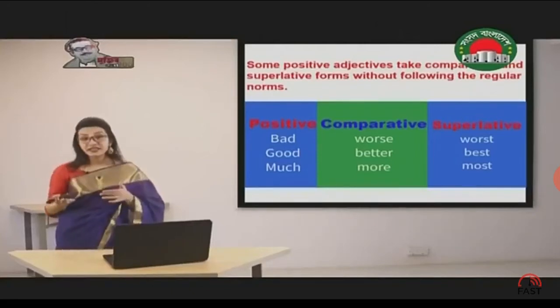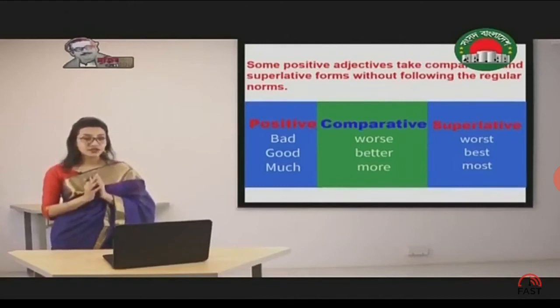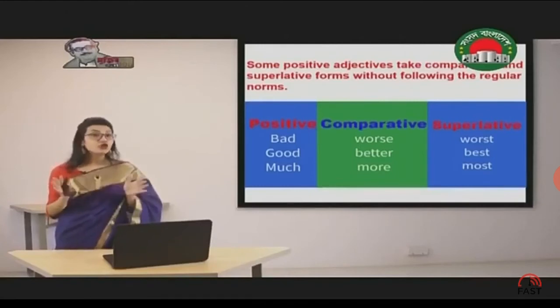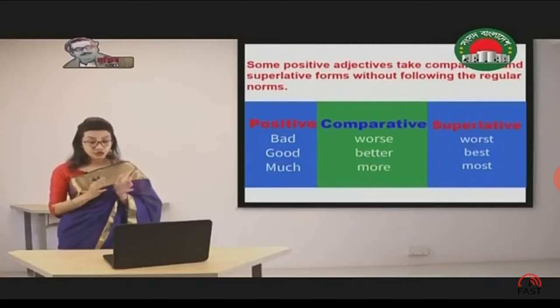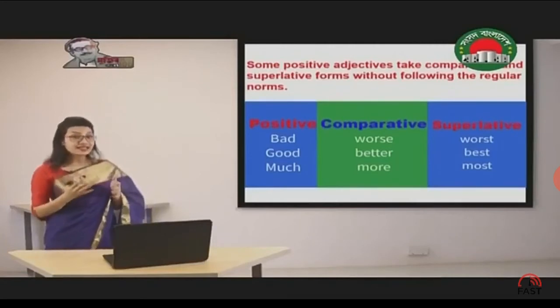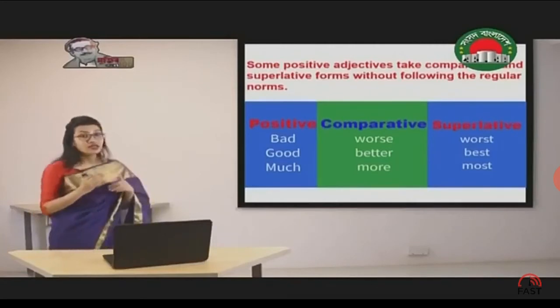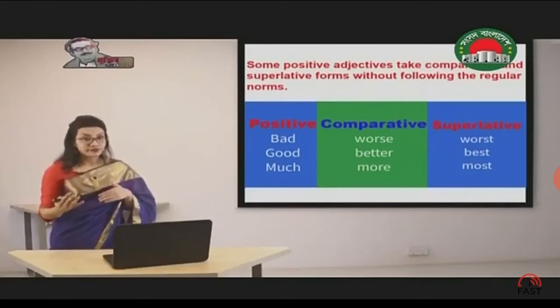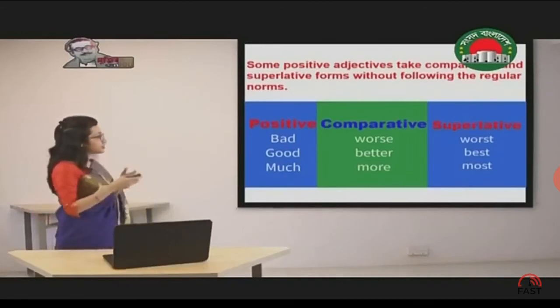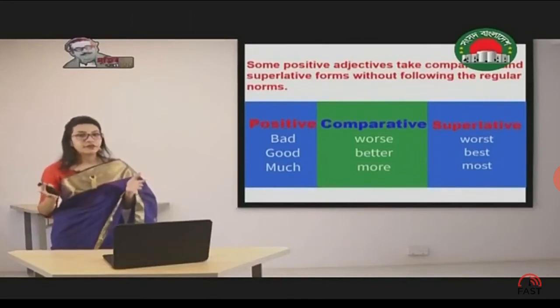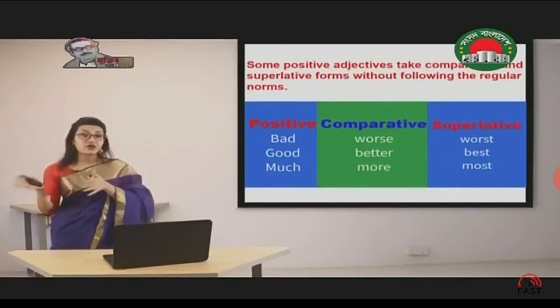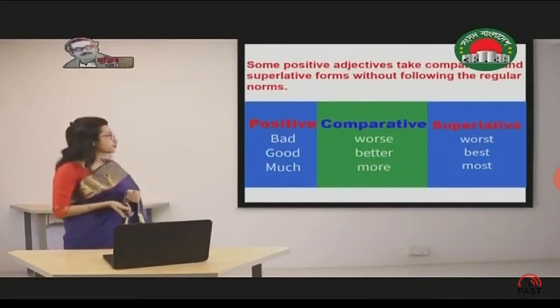In these cases the adjectives can be changed taking some other form. For example, good, better, best, they look completely different from each other. We haven't used ER or EST at the end here.